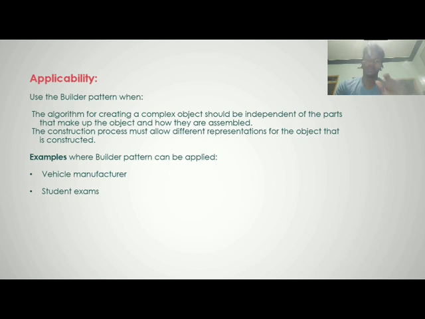The algorithm for creating a complex object should be independent of the parts that make up the object and how they are assembled, and the construction process must allow different representations for the object that is constructed. Examples where the builder pattern can be applied are vehicle manufacturing and student exams.